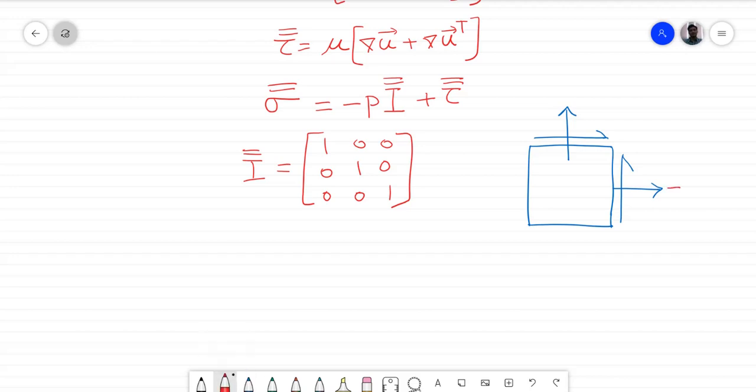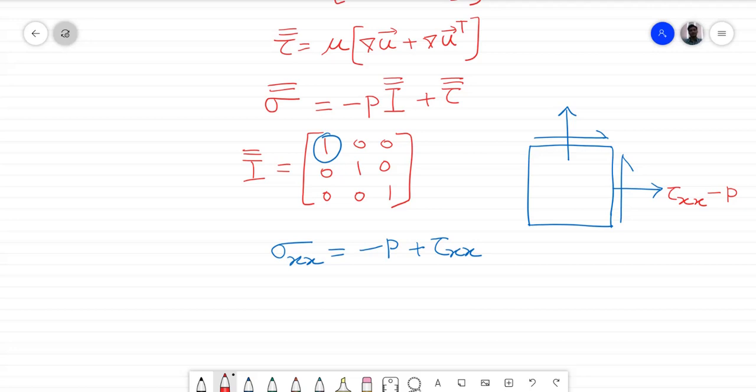This is tau xx. If we take the first component only, then that is tau xx, and minus p times this identity tensor gives you the first minus p. Therefore the total sigma xx will be minus p plus tau xx.